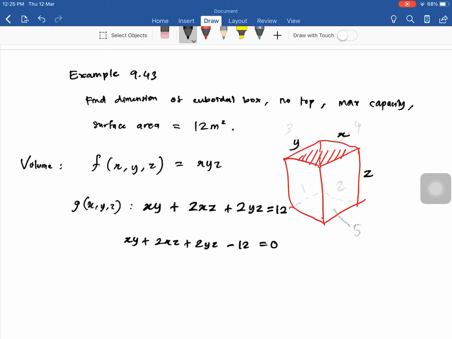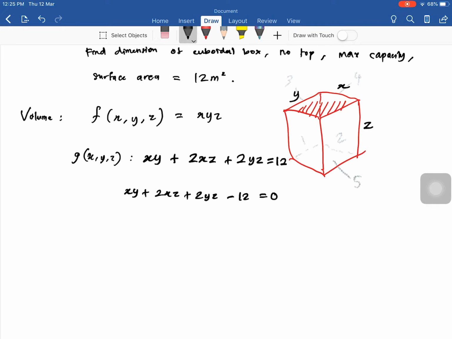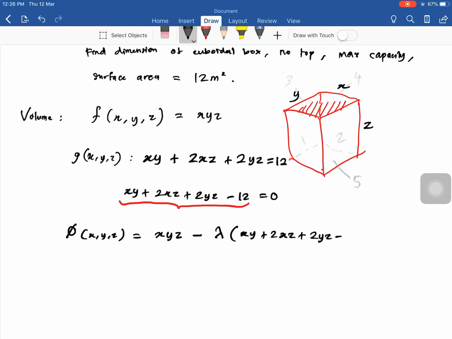Alright, and so this is the function that we will include in the auxiliary function. So remember, the auxiliary function ψ(x, y, z) is equal to first the main function xyz minus lambda times the constraint, this one: xy plus 2xz plus 2yz minus 12.